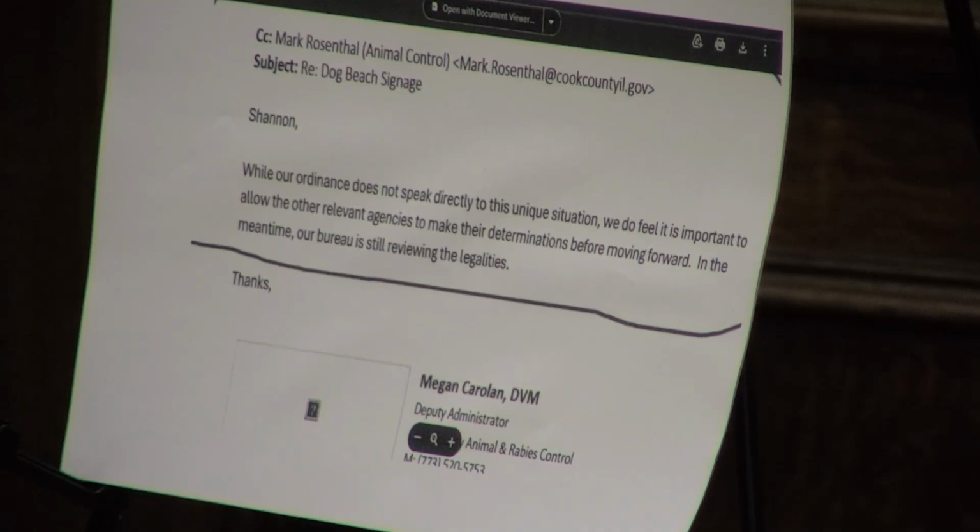In the meantime, our Bureau is still reviewing the legalities." So to imply somehow that Cook County Animal Control requires fencing on the beach is not a truthful statement. So I just wanted to point that out.